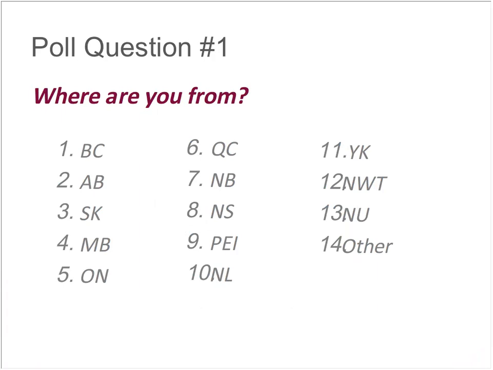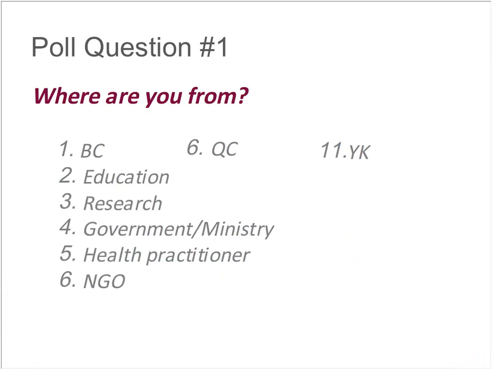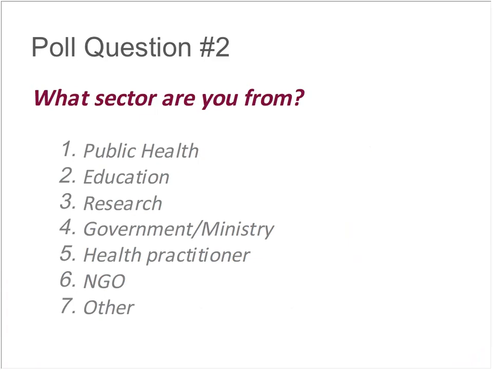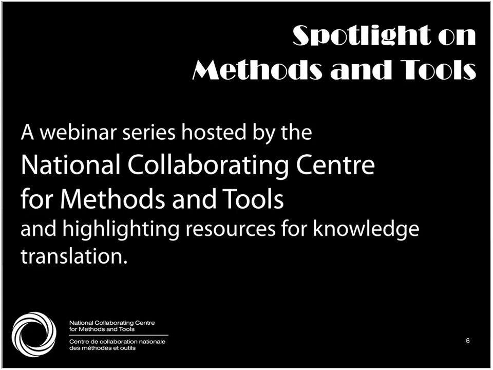It seems that the majority of people joining today are in public health and research. That's really great. We seem to have a really great mix of people joining us today. If you have not filled out those questions, please keep filling them out, and we're going to go ahead and get started.